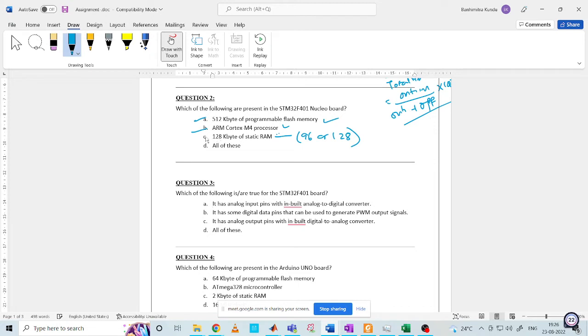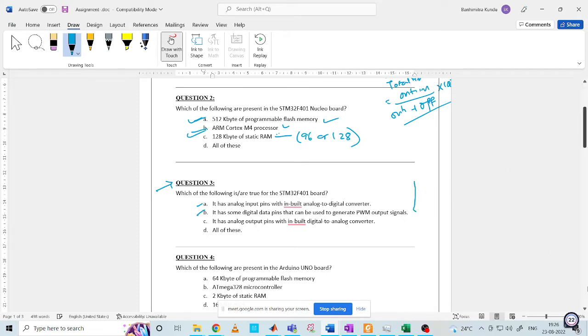Okay, so A and B are correct, right? 96 is correct. RAM is 96 and flash memory is 512 KB. So option A and B. Right.